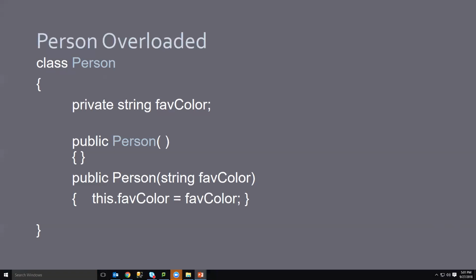So I couldn't have another one that had a string as a parameter, because then it would duplicate the one that we have here. But right now, those two are different from each other, because one constructor doesn't have any parameters, the other constructor does. That's overloading.